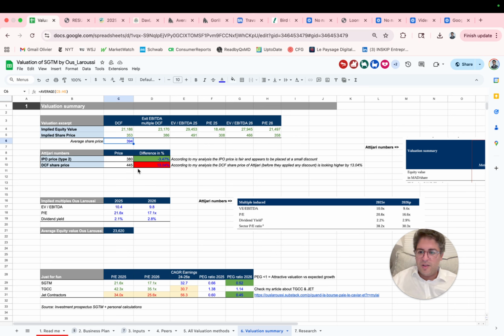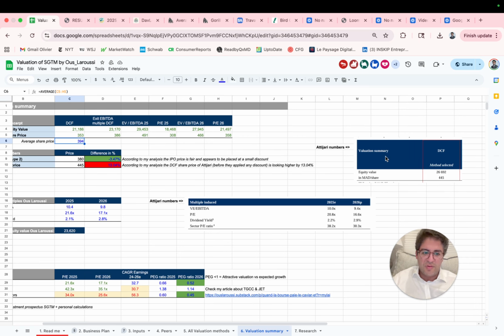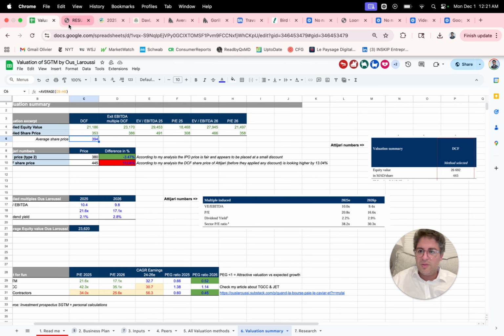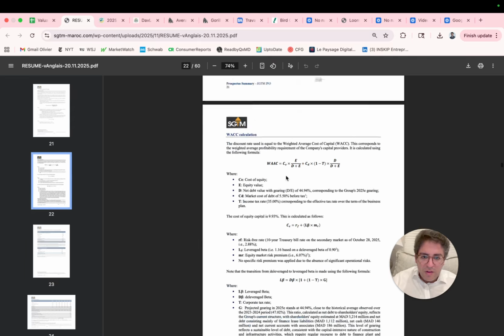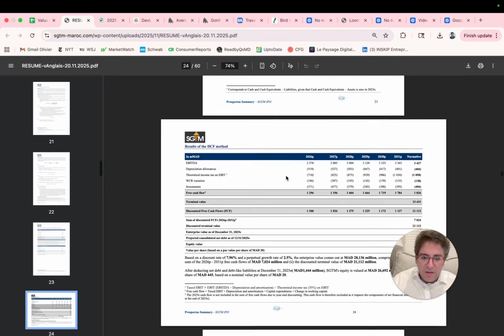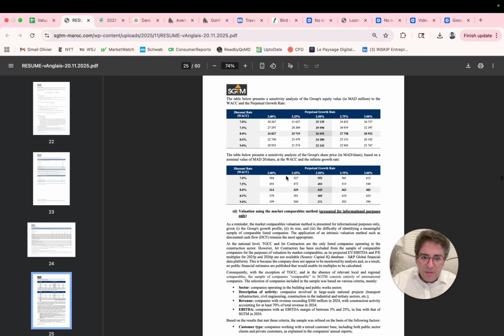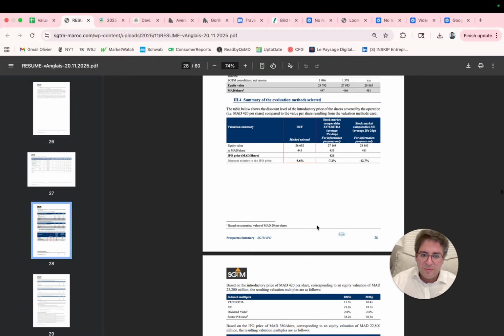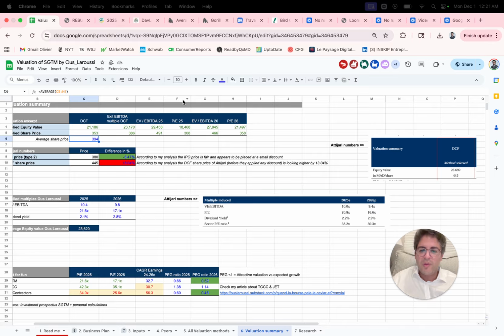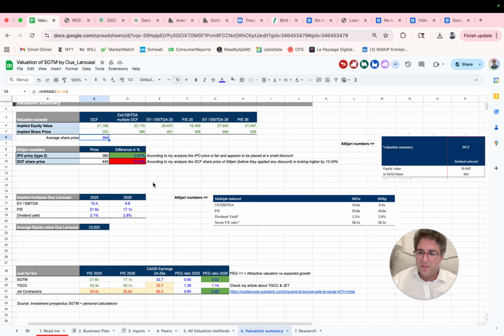But on the DCF share price of the investment bankers, as you can see here, it's 445, and you can also see it here. There's a difference of 13%, so their fair share price looks higher compared to mine.